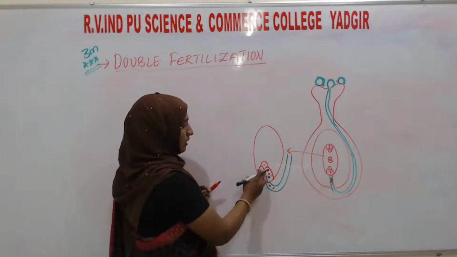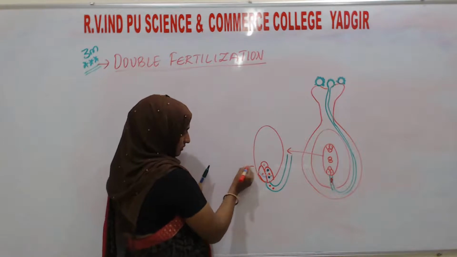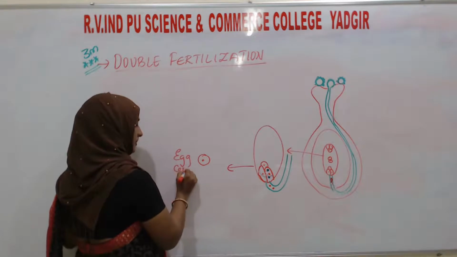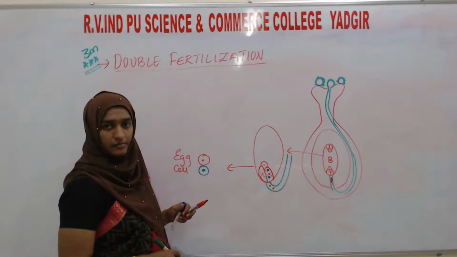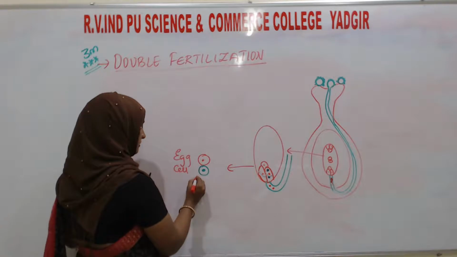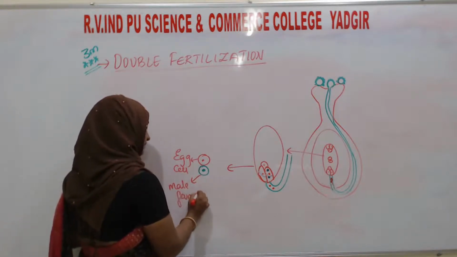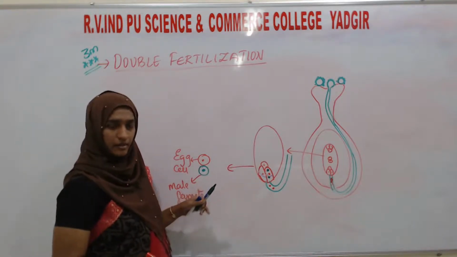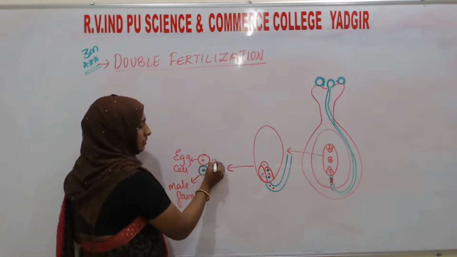Then one of the male gametes fuses with the egg cell. This is the egg cell, and this is the male gamete. One male gamete fuses with the one egg cell.